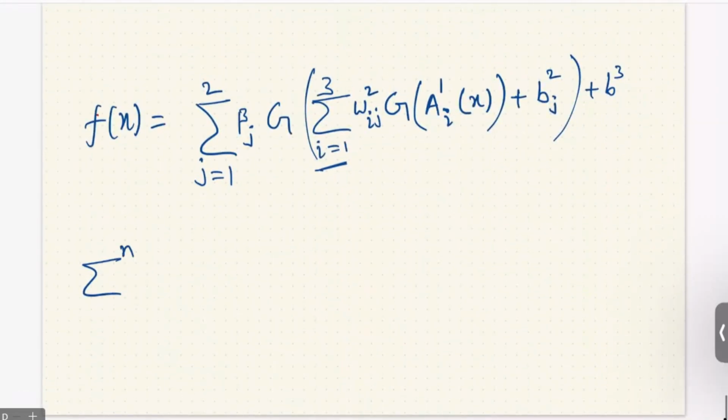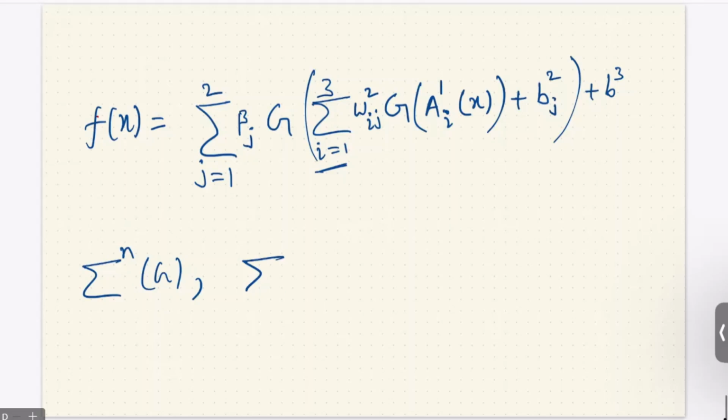Okay, sigma n of g, and sigma n comma m of g. The classes. These two are single layer, with R into R. This is R into R^m.